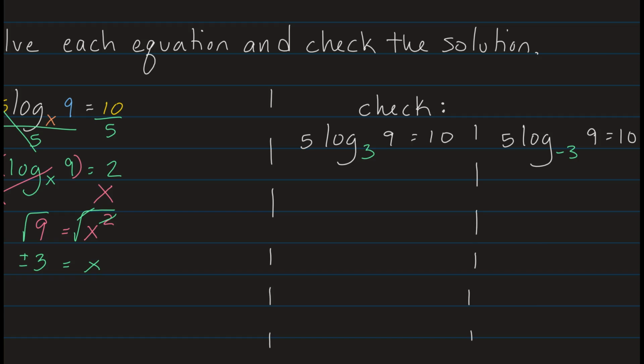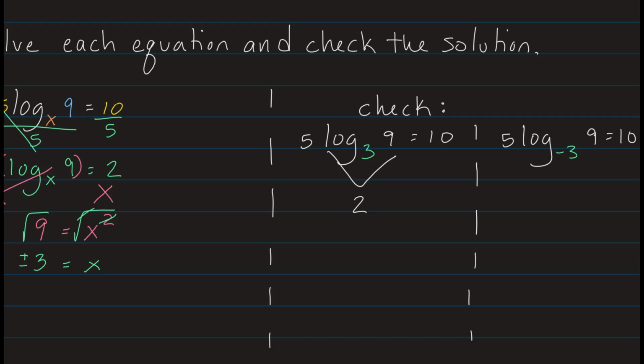Okay, so let's check the first one. We are going to simplify this by evaluating the log. So we ask ourselves, what power do we raise 3 to equal 9? You raise 3 to the power of 2 to equal 9. So this log base 3 of 9 evaluates to be 2.